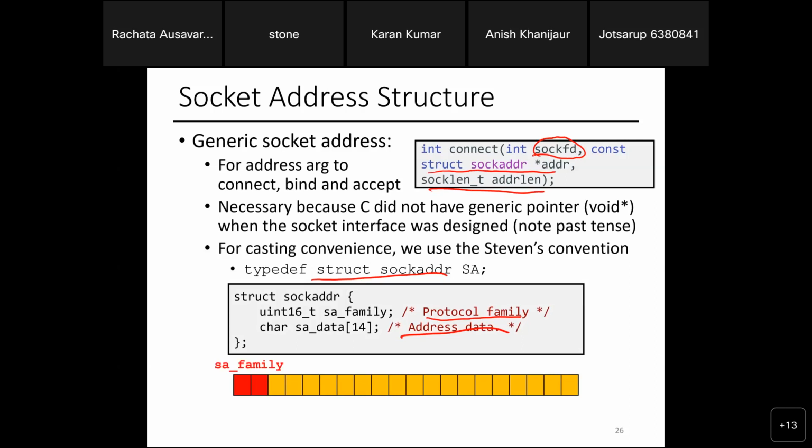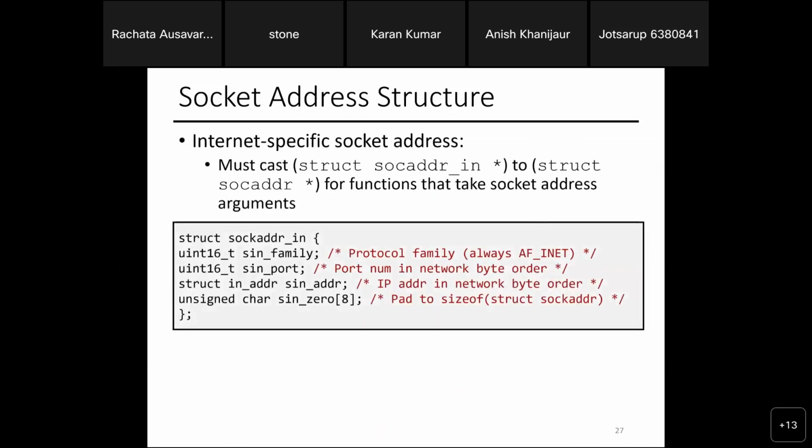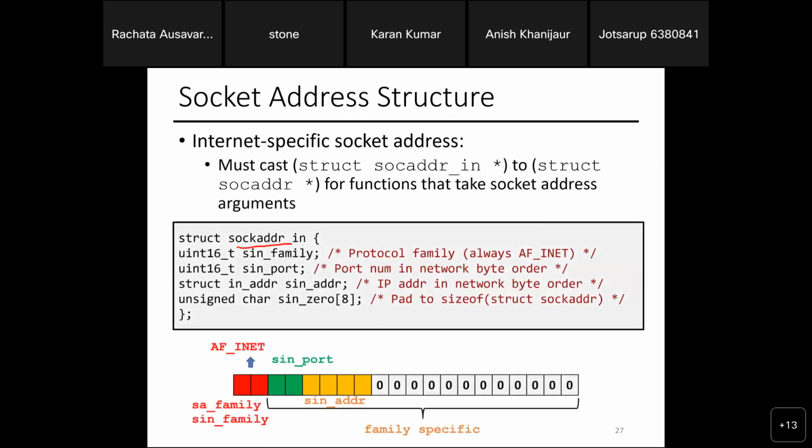All right, how do I do that? In this case, you cast the socket address into another struct definition here. Look down there. Remember the family field from the other slide, right?